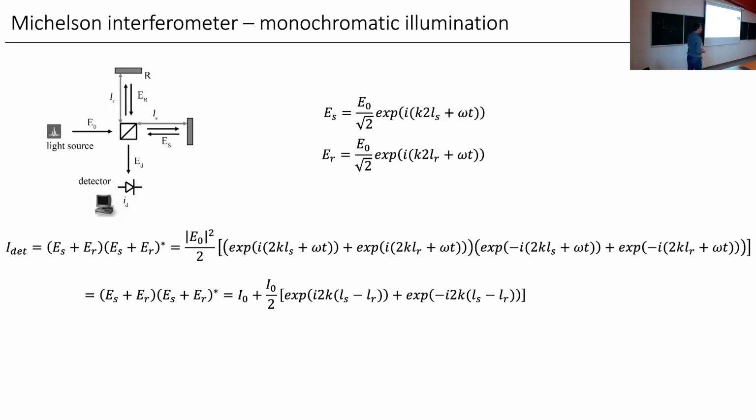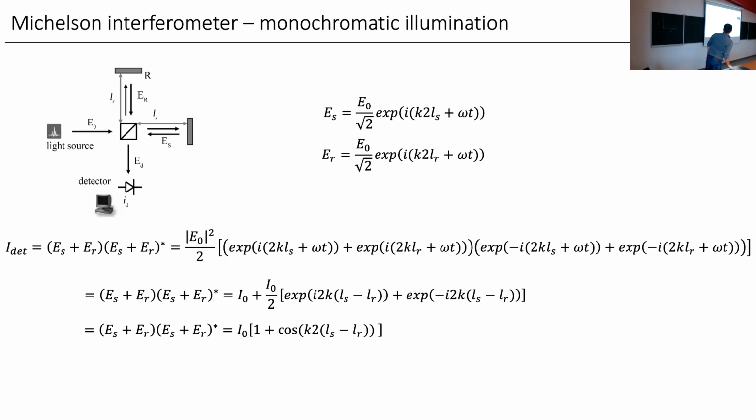Two remaining exponential terms are a function of the difference between the length of the sample arm and the length of the reference arm. The factor of 2 is there because light travels this path twice. You recognize this as the complex notation of a cosine function.